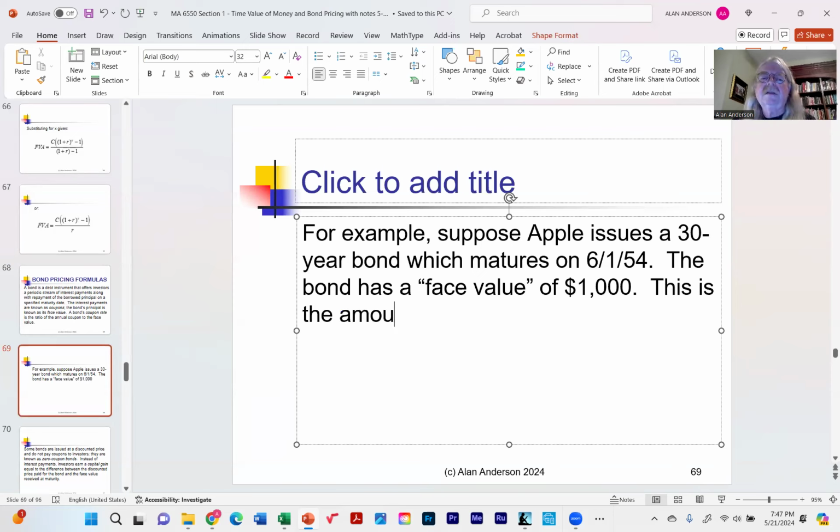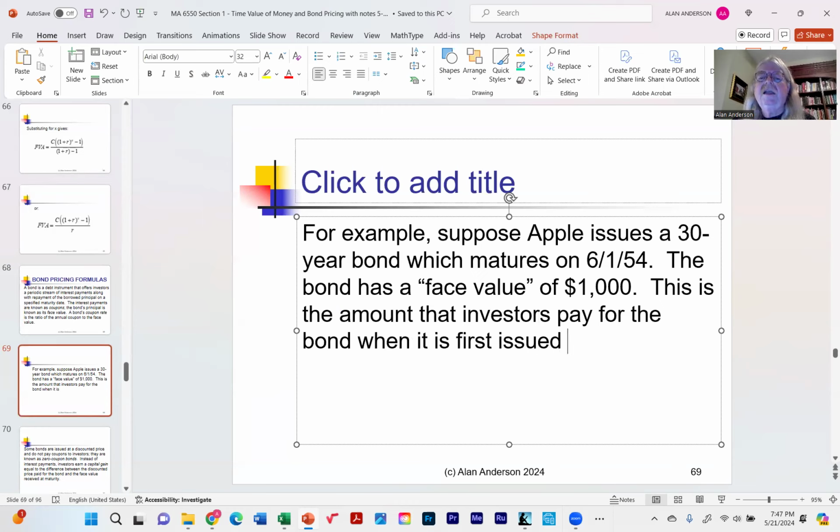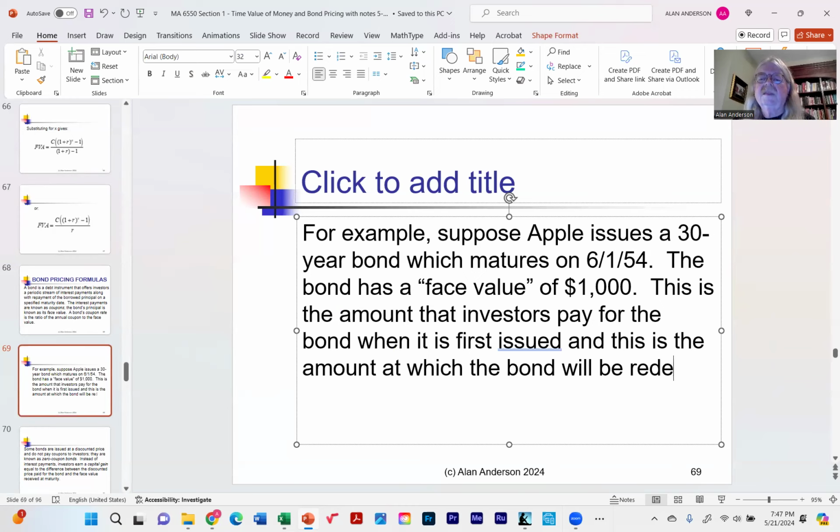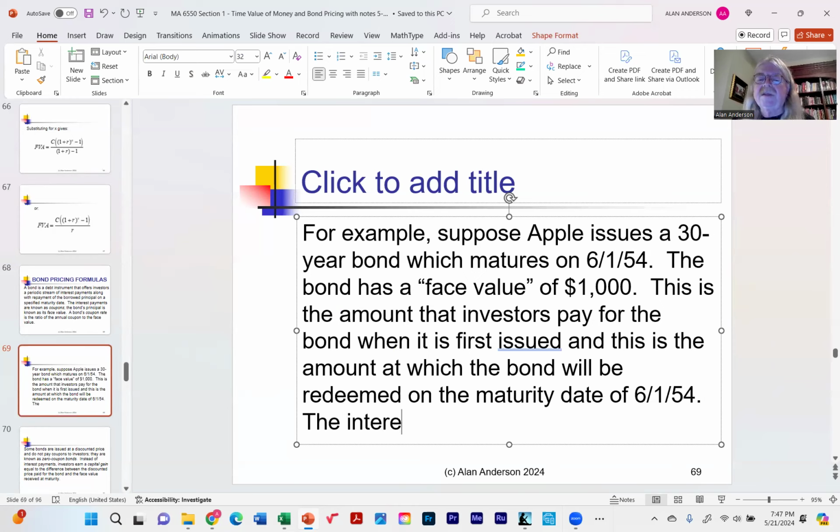This is the amount that investors pay for the bond when it is first issued. And this is the amount at which the bond will be redeemed on the maturity date, as it's called, of 6/1/54.